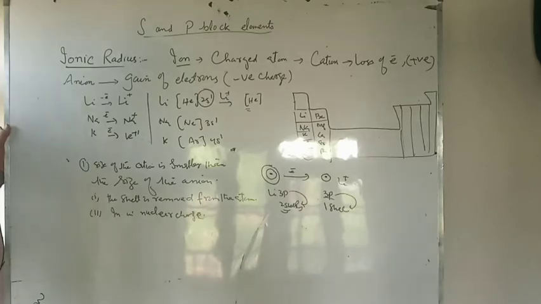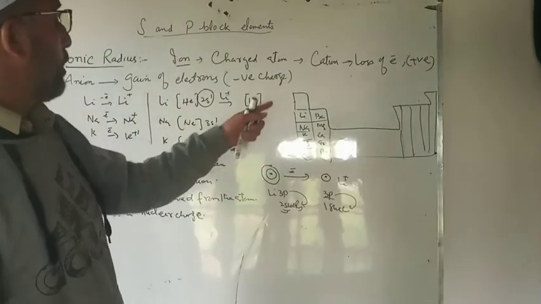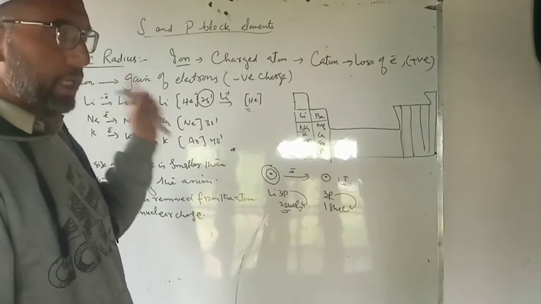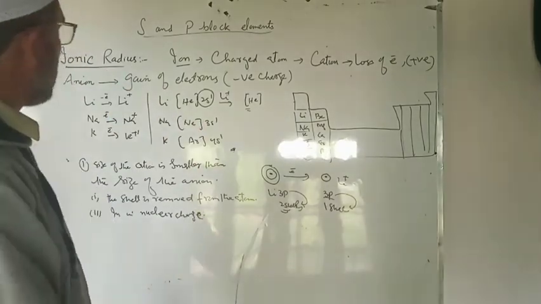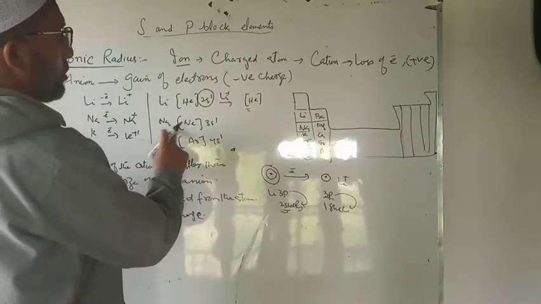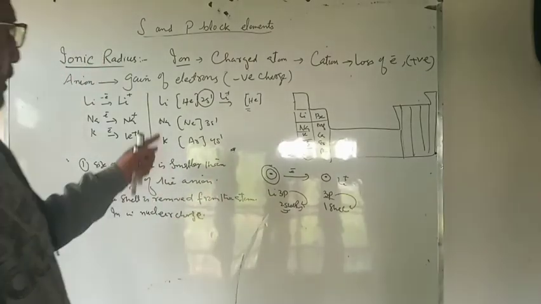And one thing more which you shall note, that when we come down from top to bottom, the ionic radius of the cation will go on increasing, because you will observe that in lithium there remains 1 shell, in sodium there will be 2 shells, and in potassium there will be 3 shells. I talk of ions.